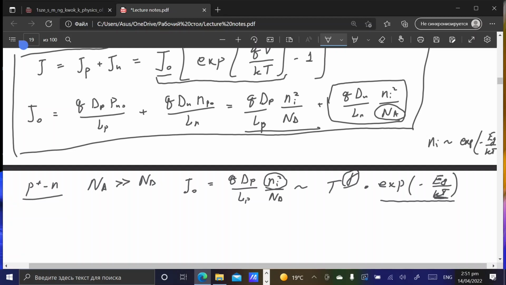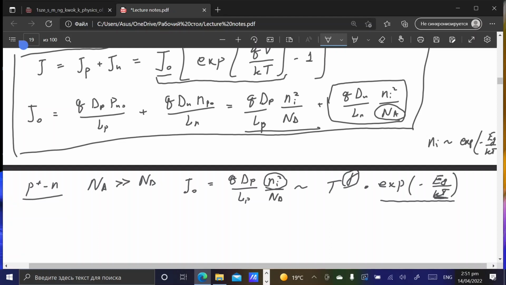And so far we have considered everything that is critically important about the formation of p-n junction: its capacitance voltage characteristics, and current voltage characteristics. So we considered AC and DC current voltage characteristics and electrical properties of the p-n junction.